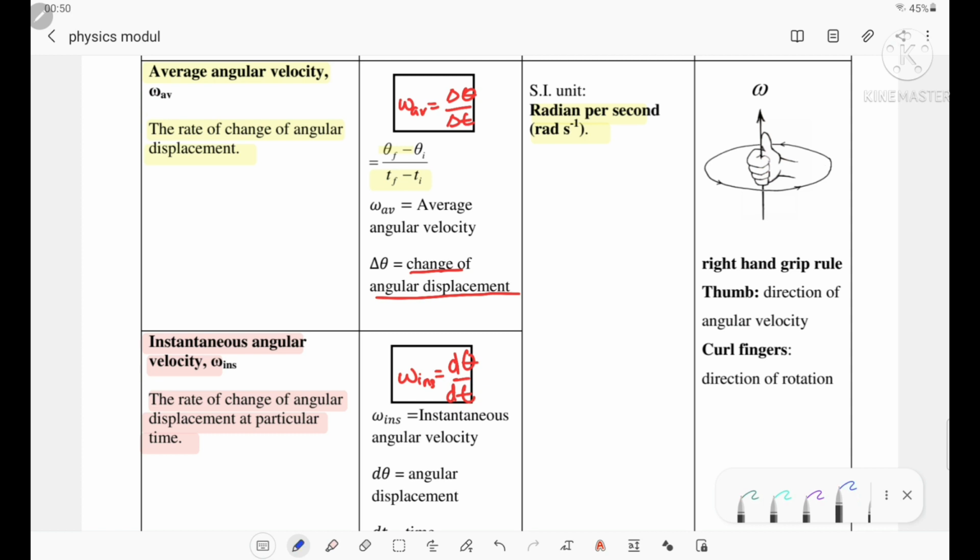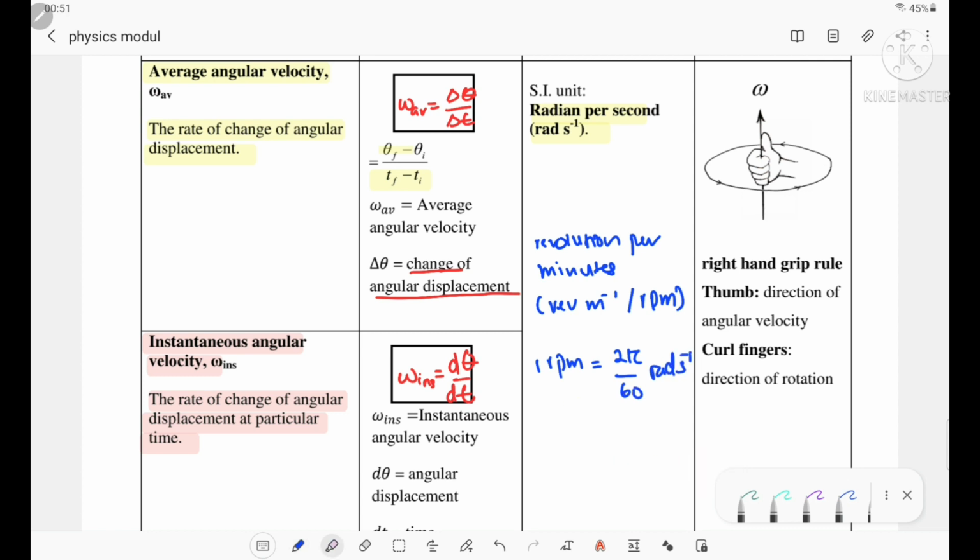Another unit for the angular velocity is revolution per minute, or RPM, and 1 RPM is equal to 2 pi over 60 radian per second.